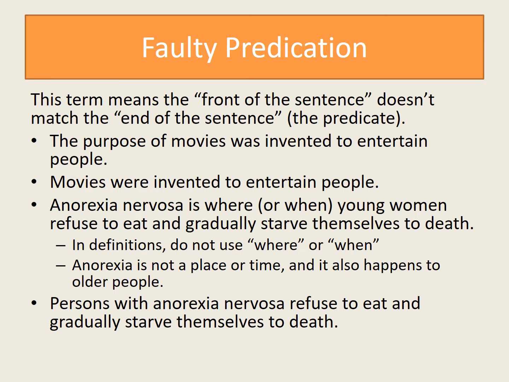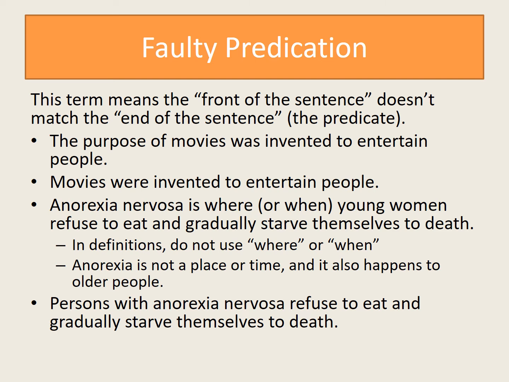Faulty predication is, again, a type of sentence logic, and the only way really to teach this, I have found, is through lots of examples. So I've given several examples here on these two slides. But the principle is that faulty predication, predicate is the part of the sentence that includes the verb and what comes after it.